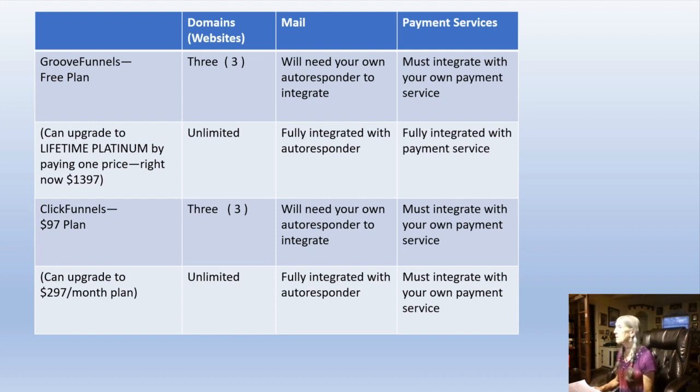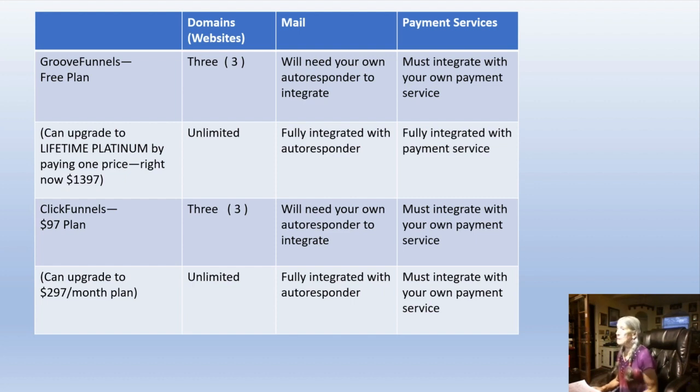Now, as far as everything else, it's pretty much the same. The free plan of GrooveFunnels is like the ClickFunnels $97 plan. The difference is you're paying $97 a month for ClickFunnels and you're getting it free with GrooveFunnels.